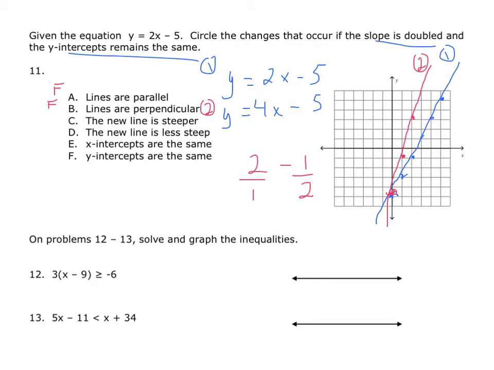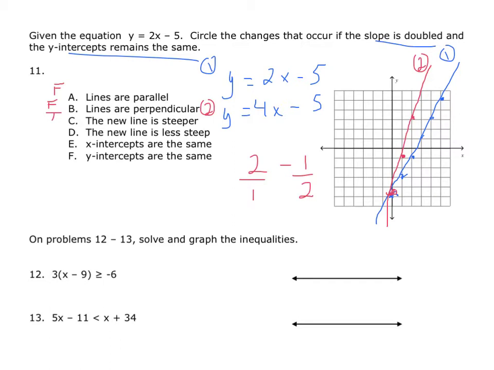Okay, for C, it says the new line is steeper. That would be line 2. If we look at these two lines, line 2 is going up more. So instead of going up 2 and over 1, it's going up 4 and over 1. So it's going up more quickly, so it's steeper. So C is true.